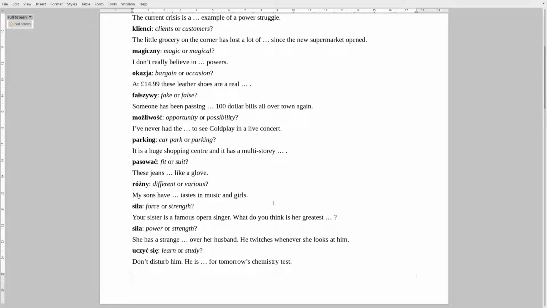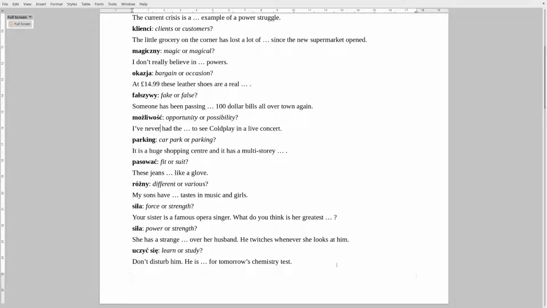Car park is the actual place and it's countable, a car park, right? In American English, a parking lot. But of course, you can say, I'm looking for parking, which just means I'm looking for some place to park.